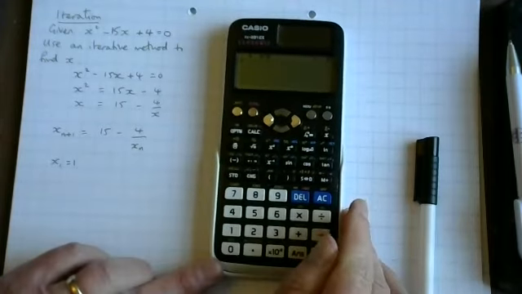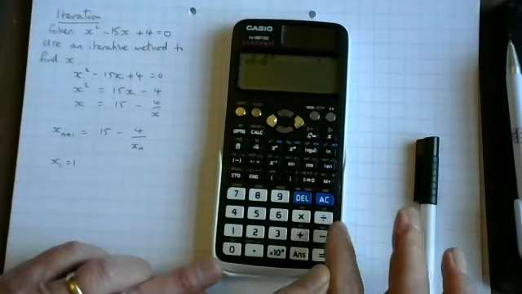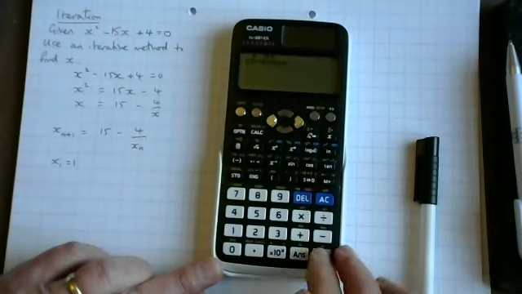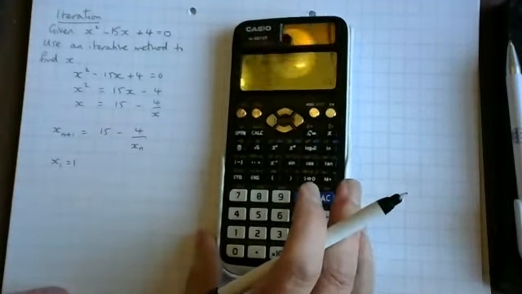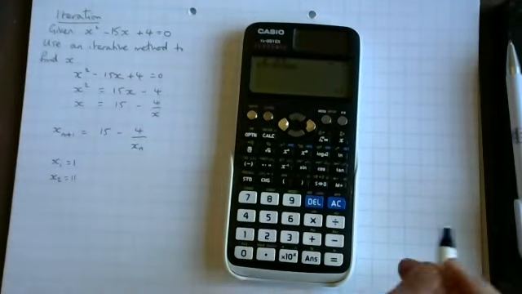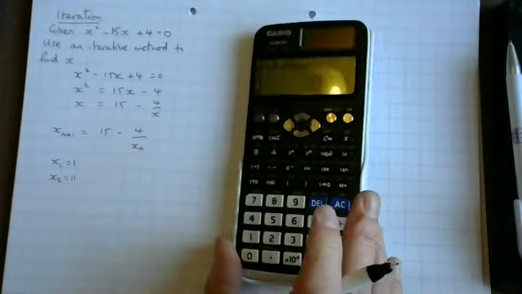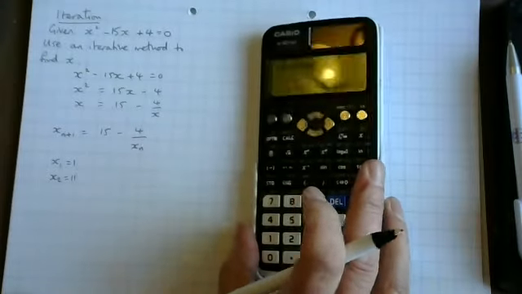My formula is 15 minus 4 divided by answer, equals. My first answer is 11. The second answer, 161 over 11. Let's turn that into a decimal, 14.636.